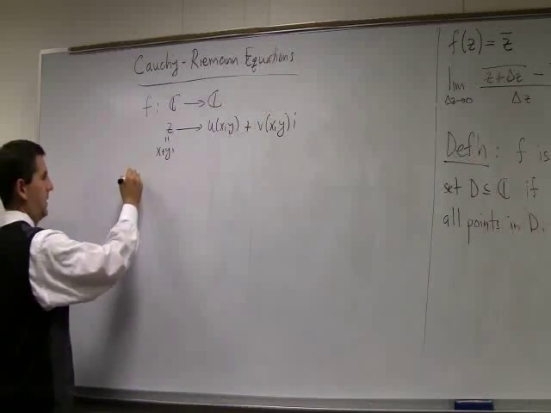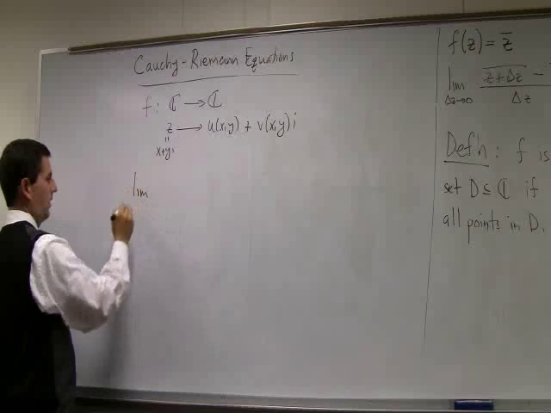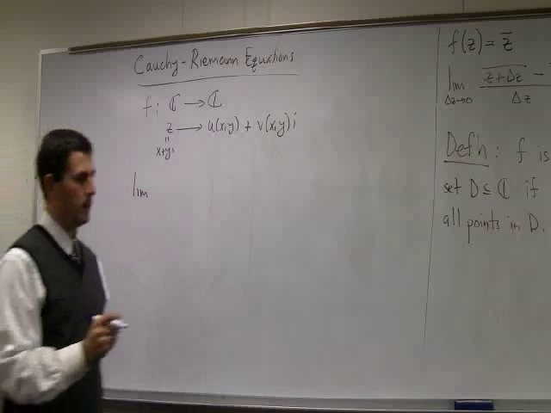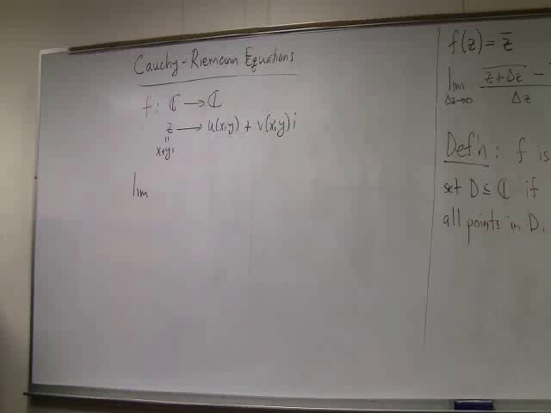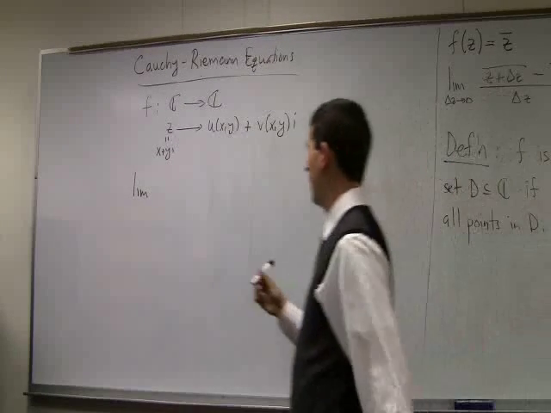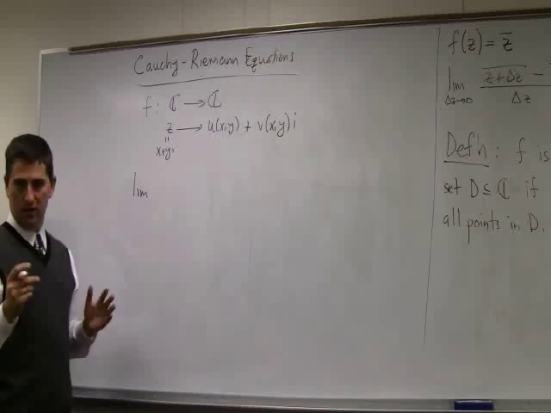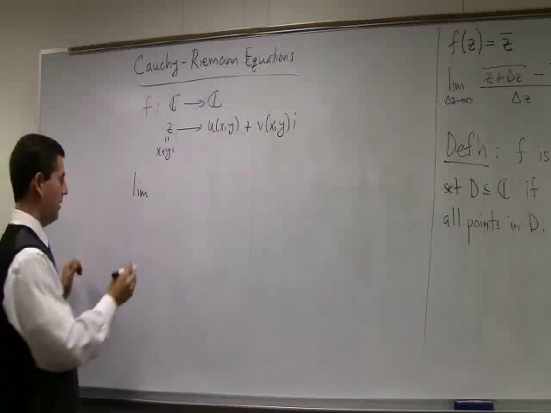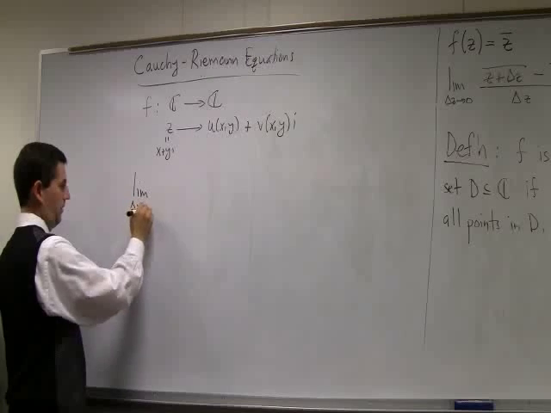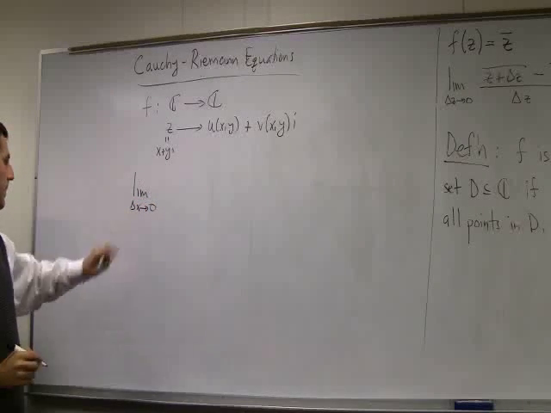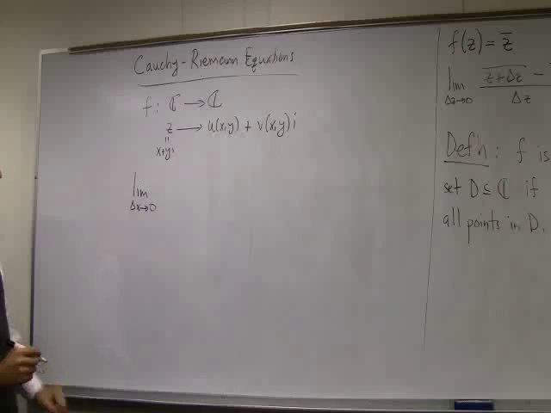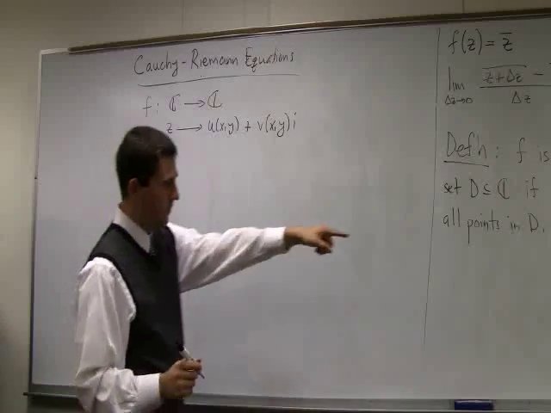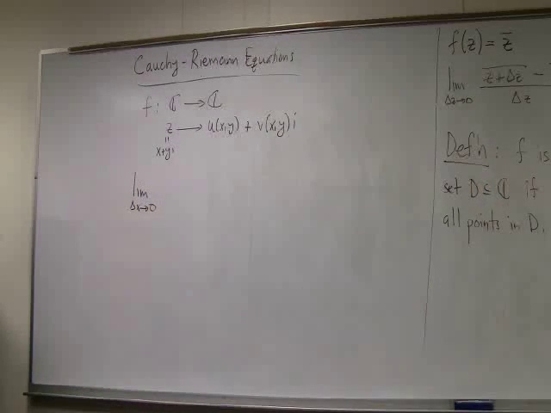So let's see, we're going to look at some delta z going to 0, but let's just move along the x-axis. Instead of calling it delta z, to tell you that I'm moving along the x-axis towards 0, I'm going to use delta x. It doesn't matter what I call it; it's just something going to 0 along the x-axis. Now this f has two components, a u component and a v component.